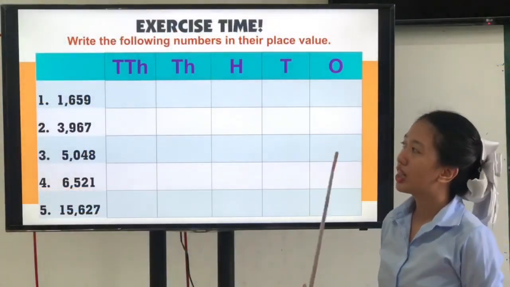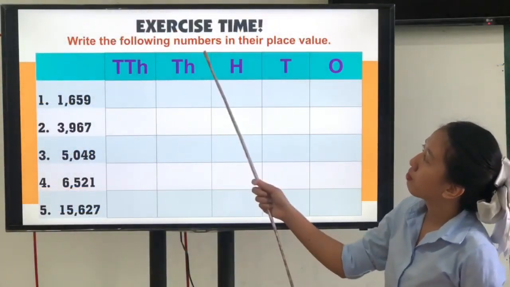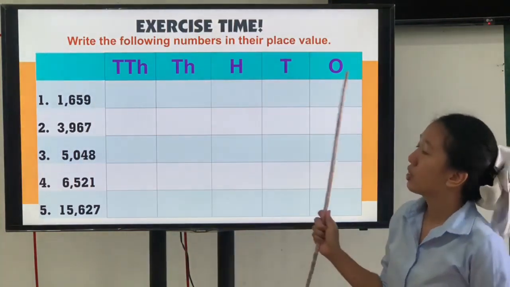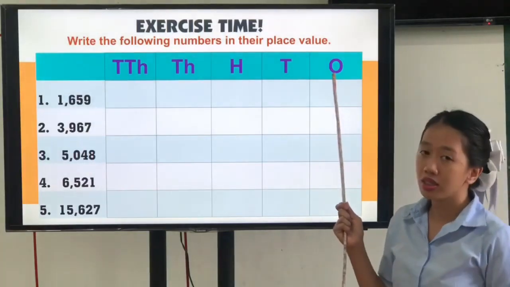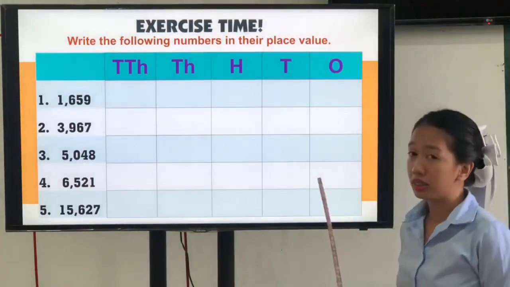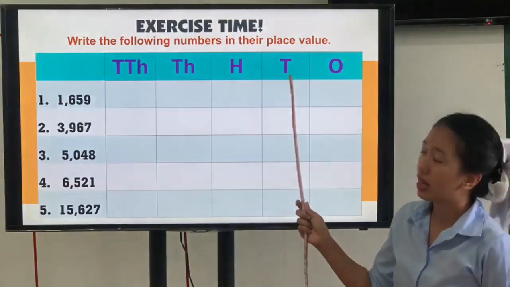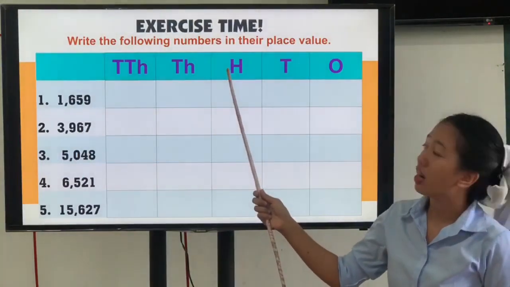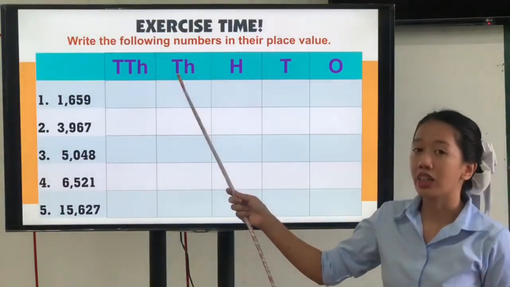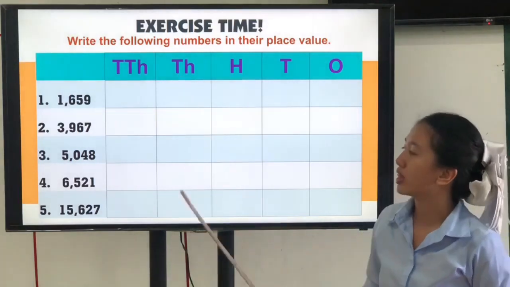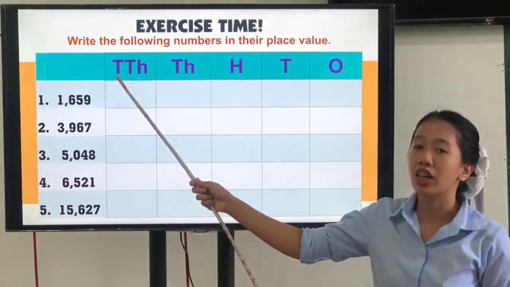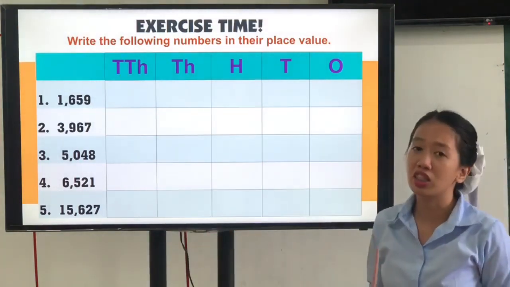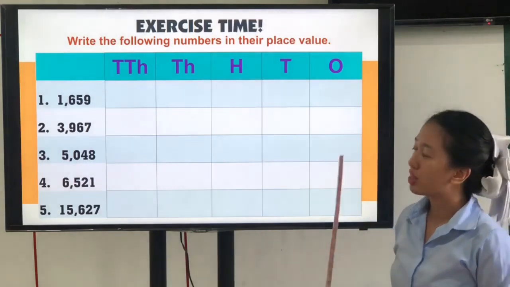Okay, on page 8, write the following numbers and their place value. First, what does O mean? This is our ones. T means our tens. We will write it here. H, hundreds. TH, thousands. And then TTH is for, very good, our 10,000. Now, these are the numbers that you need to identify the place value of.